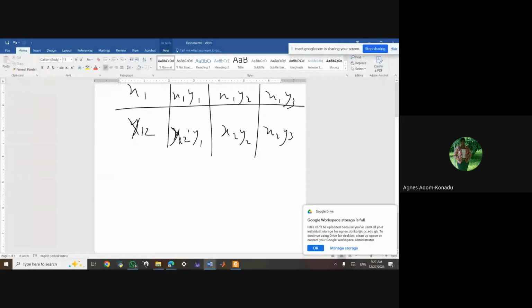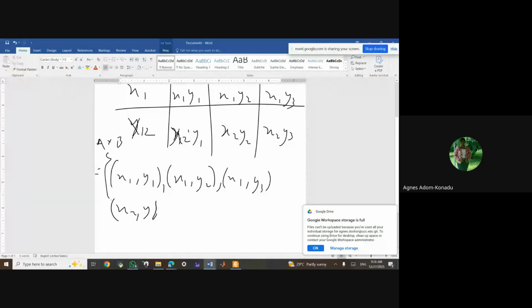So the set will be, that's what I'm looking for, A cross B is equal to x1, y1, then x1, y2, then x1, y3, then x2, y1, x2, y2, and then x2, y3.